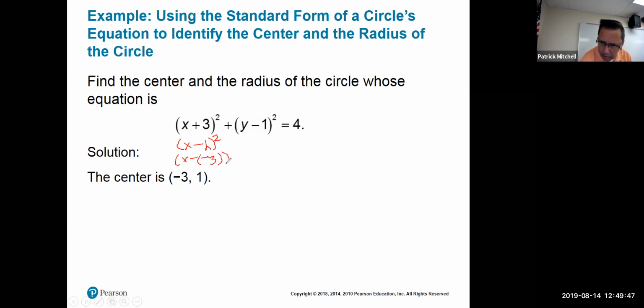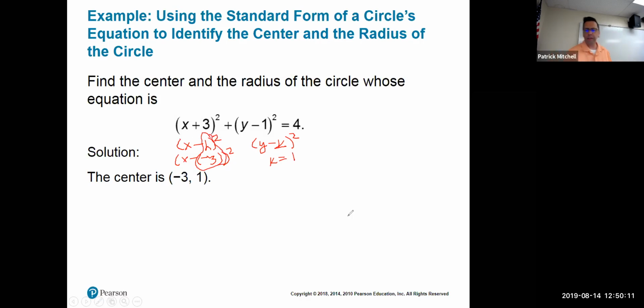Sorry about the horrible looking 3. This one already has the built-in minus sign. We call that number k. So because the minus sign is already there, that means that k is 1. So k is 1. h is -3, okay?